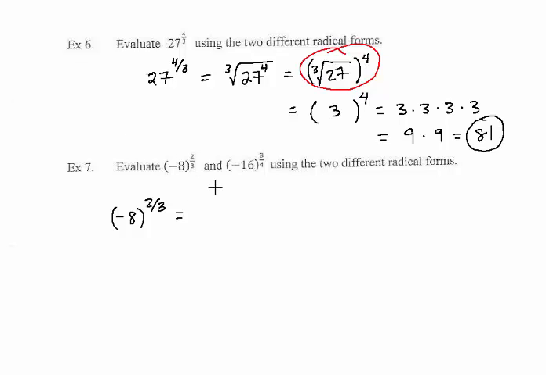So we'll take the denominator and write it as the root number of a radical, and then we'll take the 2 and write it outside the parentheses. The third root of -8 is -2, and -2 squared is +4.